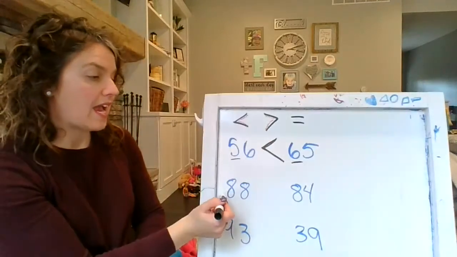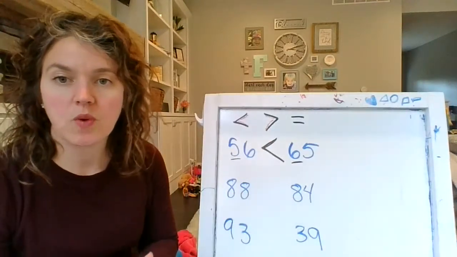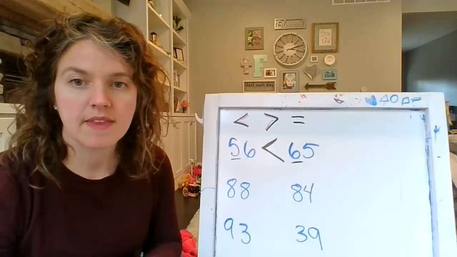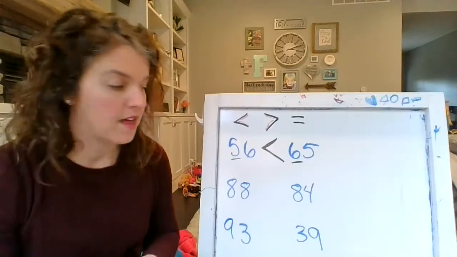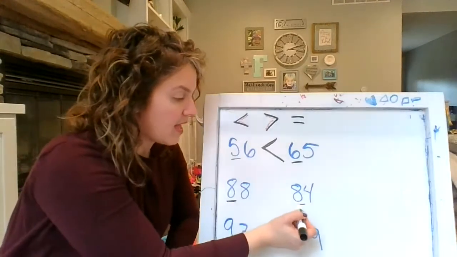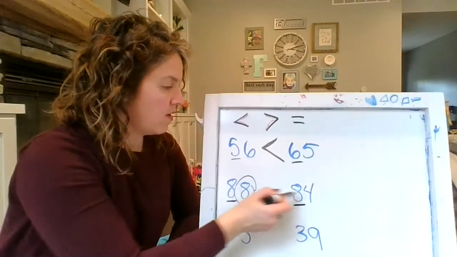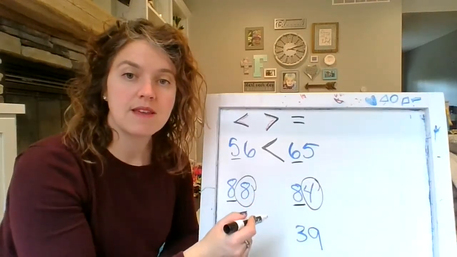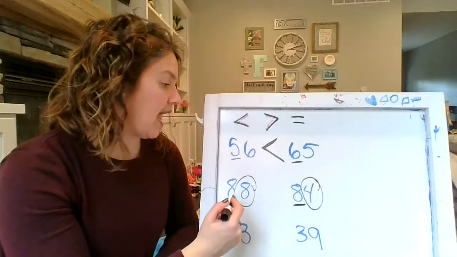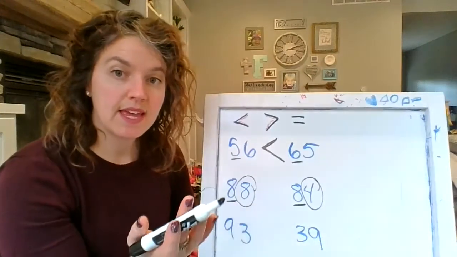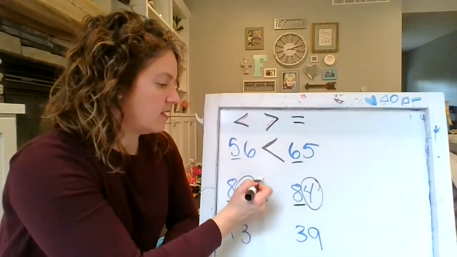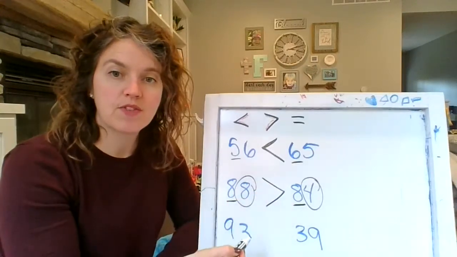All right, 88 and 84, which one is bigger? Well, if we look at our groups of 10, they're the same, so we have to look at our groups of 1s. 88 or 84, everybody? 88. We want that alligator mouth towards the 88.